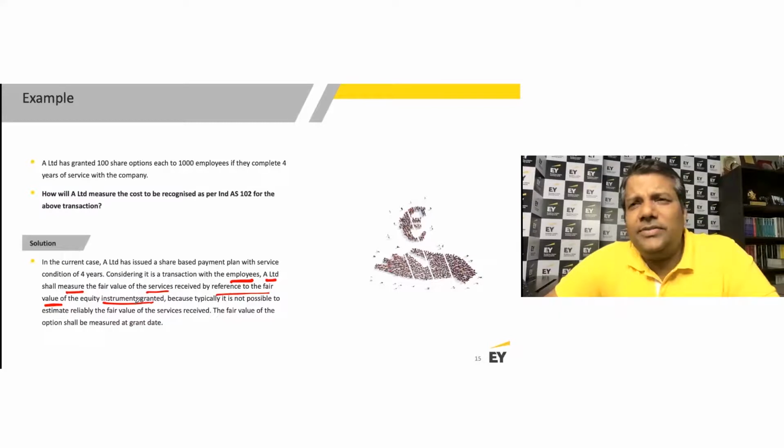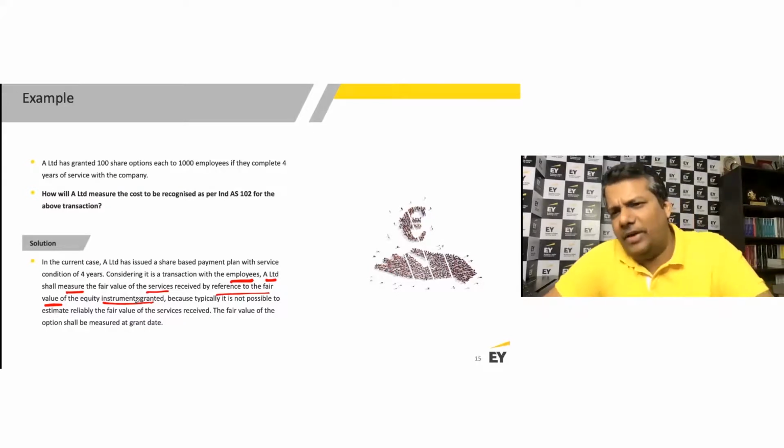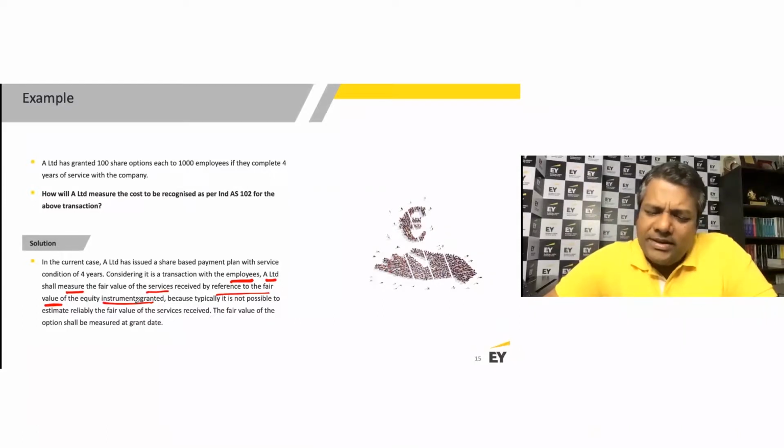So it's very difficult to put a value on the services rendered by an employee. That is where the philosophy says you will record this with reference to the fair value of the shares, which is more clearly evident. Whereas in a transaction with a non-employee, it is assumed that the fair value of the goods or services is more clearly available.